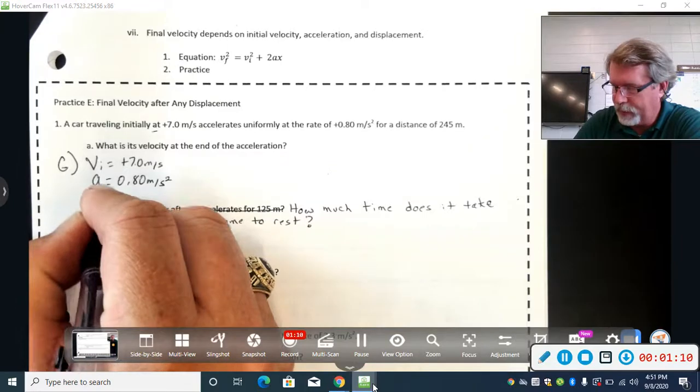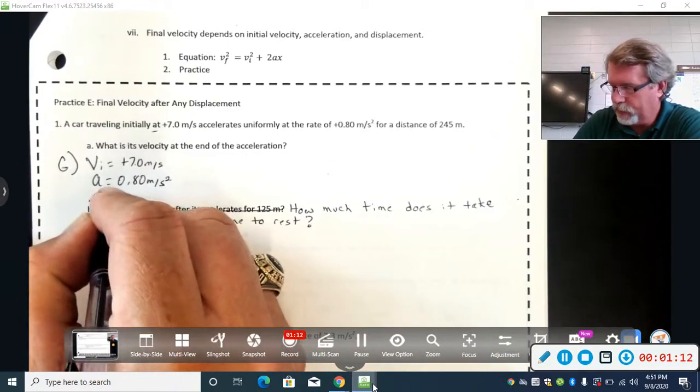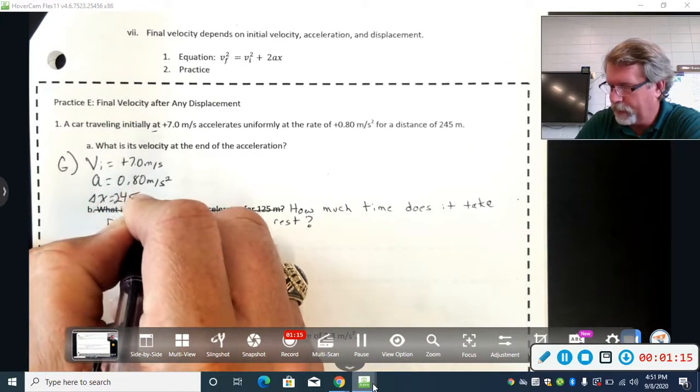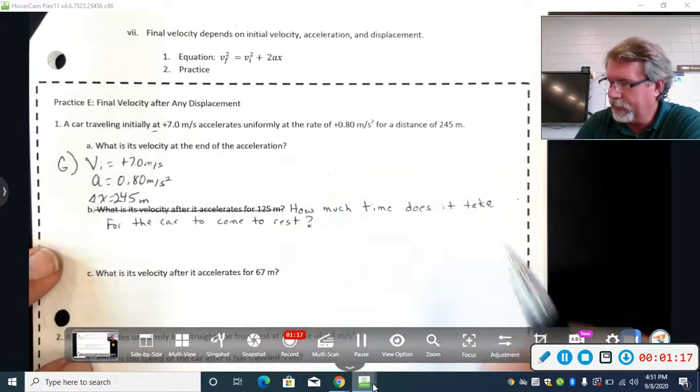So my displacement is 245 meters. Okay, I don't think I've missed any givens.